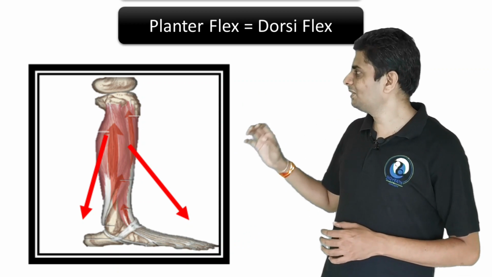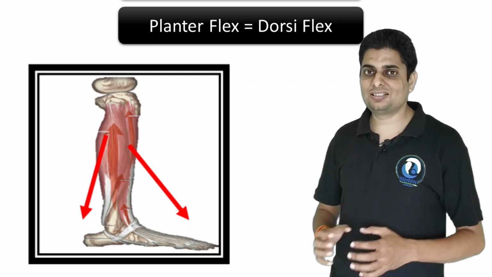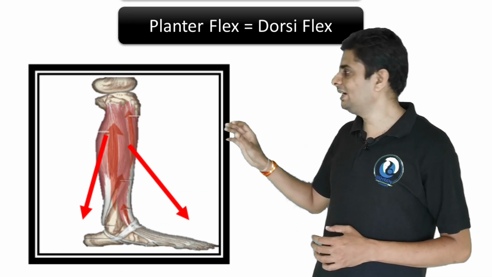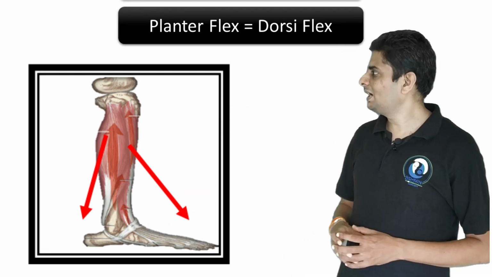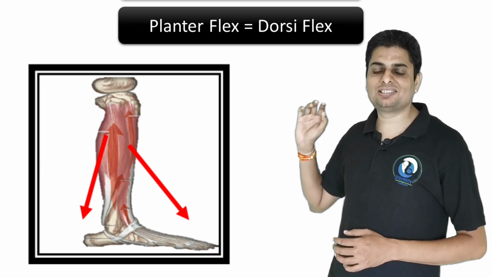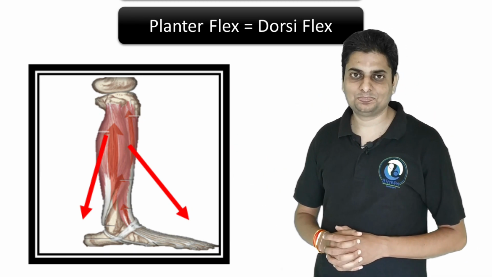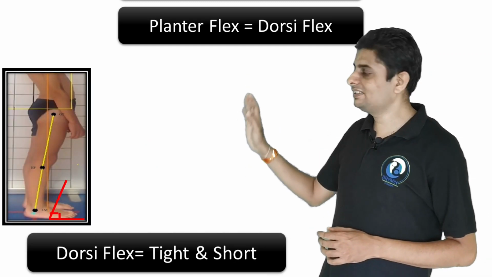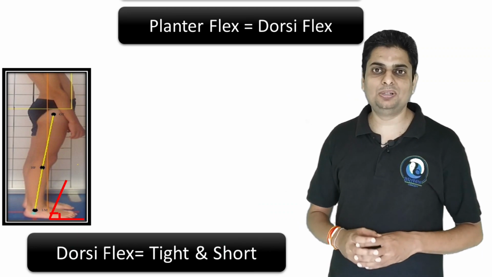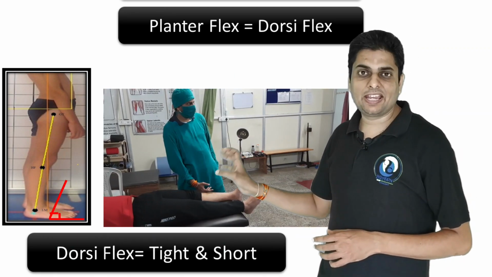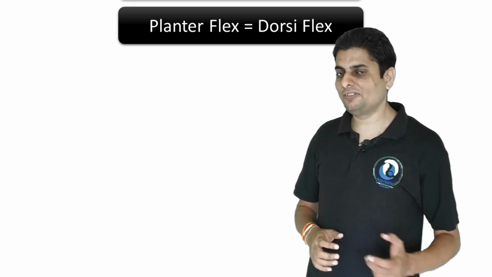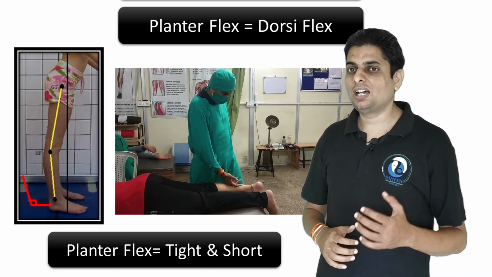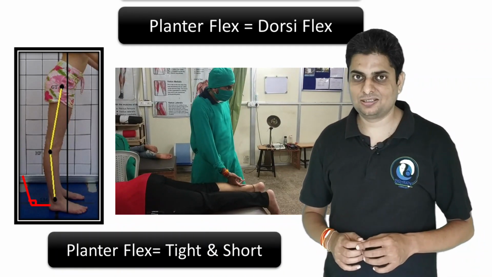Though in this particular section we are going to discuss the dorsiflexor group as tibialis anterior and peroneals, and the plantar flexor group as the gastrocsoleus complex. So if the angle is less than 90 degrees, we need to intervene with our ankle dorsiflexors, and if the angle is more than 90 degrees, we need to intervene with our plantar flexors.